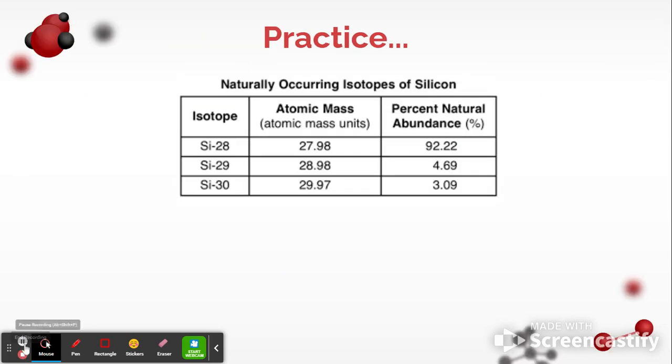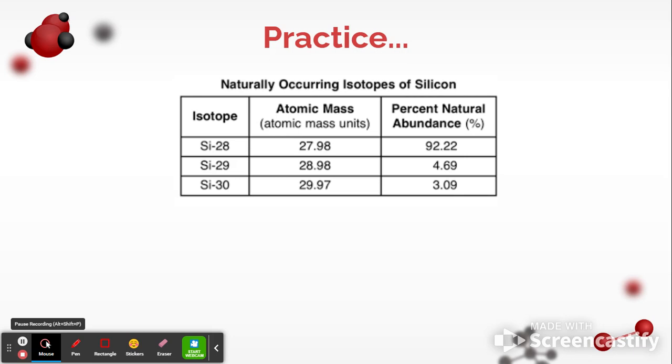We can apply this same principle in calculating the average atomic mass of an element with this example of the different isotopes of silicon.